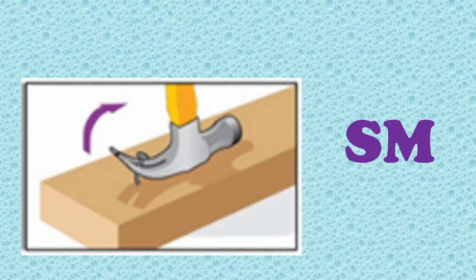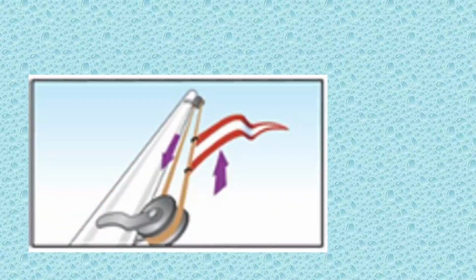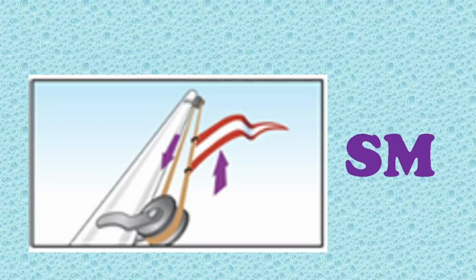Hammer is a simple machine. And pulley is also a simple machine.